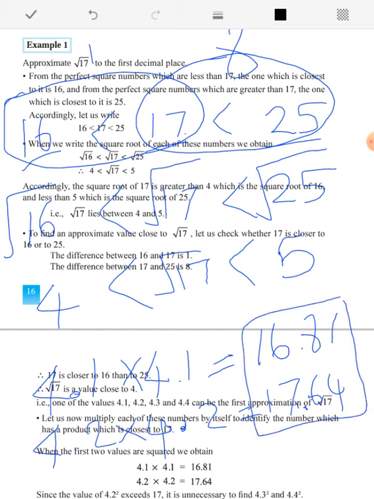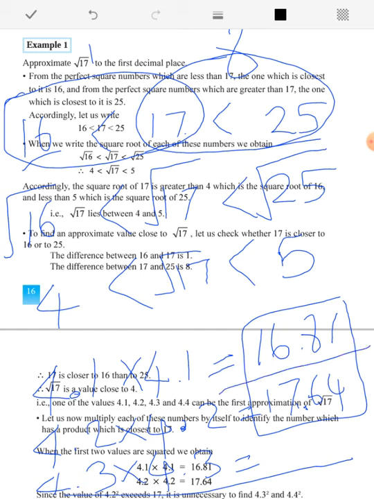So we don't need to get 4.3 squared, because we have already passed 17 here. So 17 is in between these two numbers.